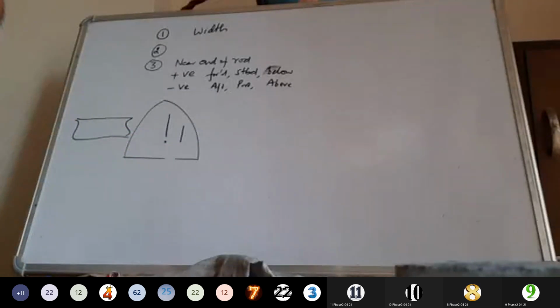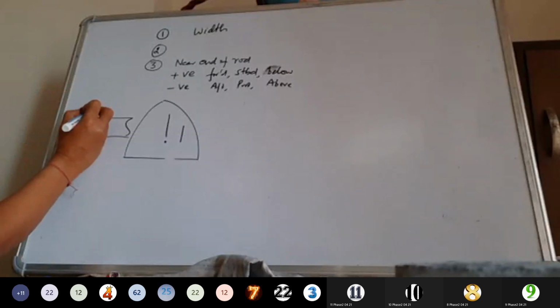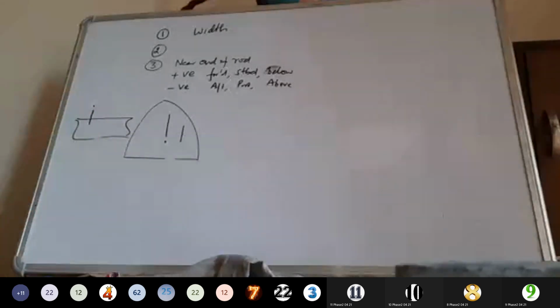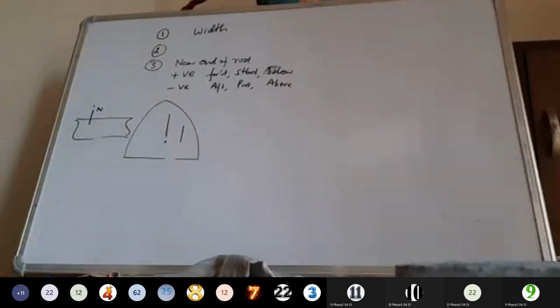Let us say one rod is like this. So the near end is positive. And this is the near end, so the near end is below. So it is positive.